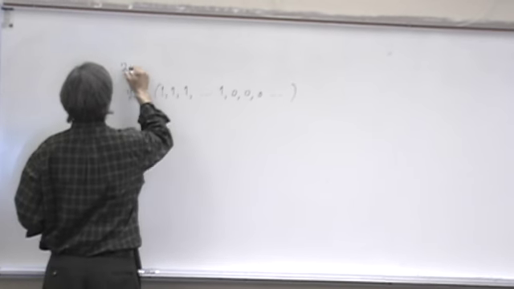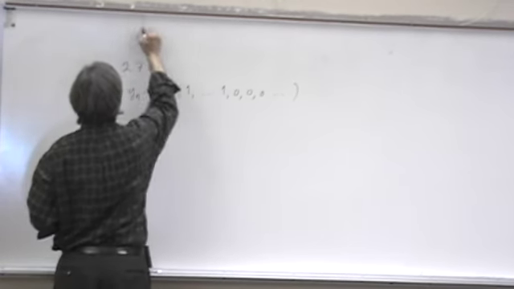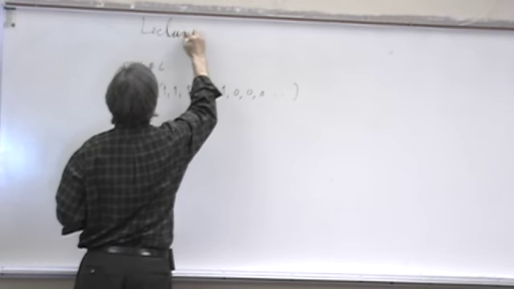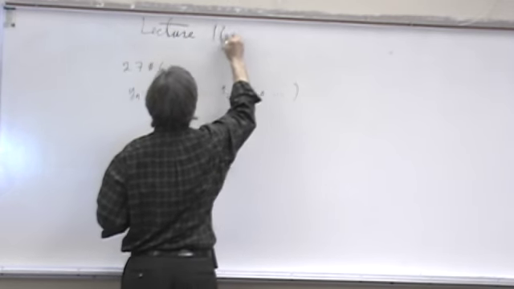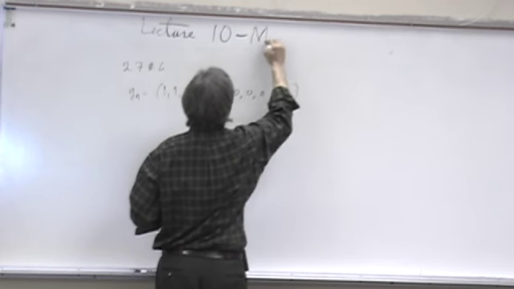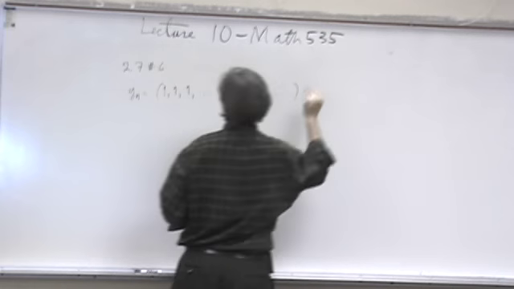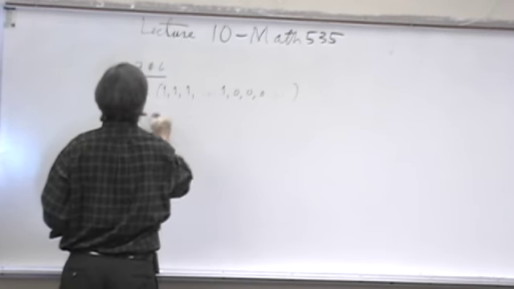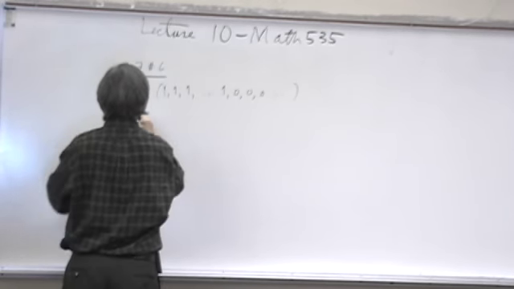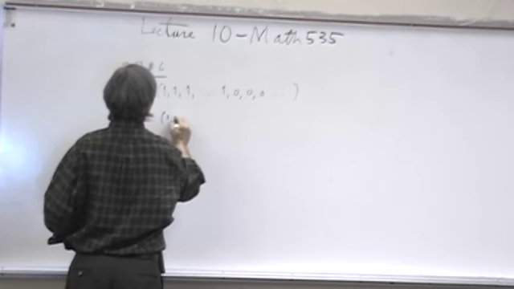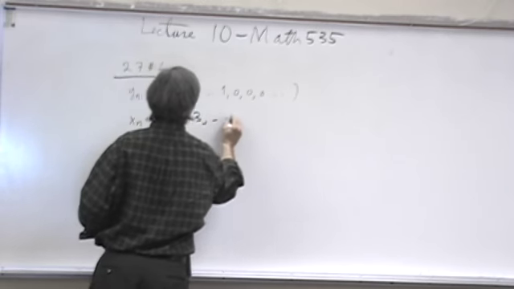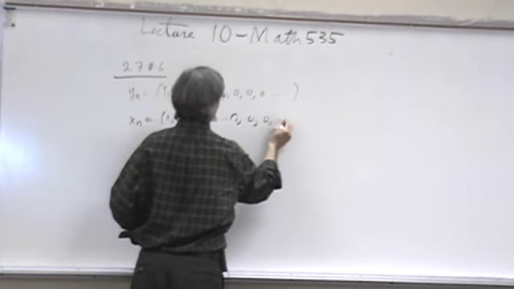This is 2.7, number 6. And then xn equals 1, 2, 3, up to n, 0, 0, 0.